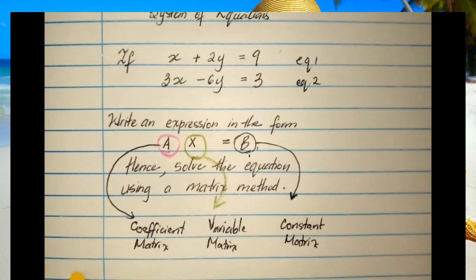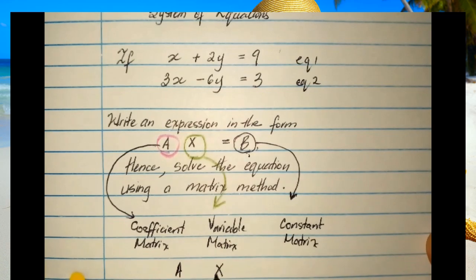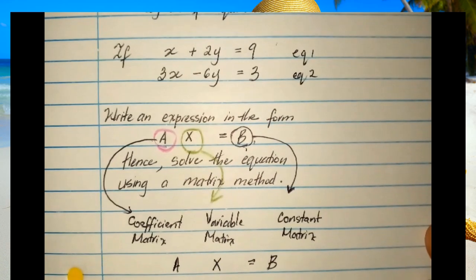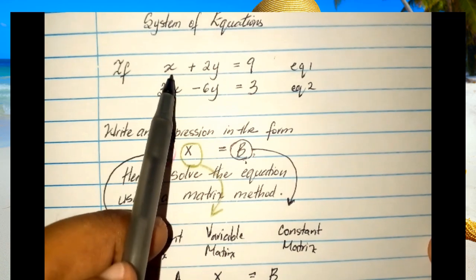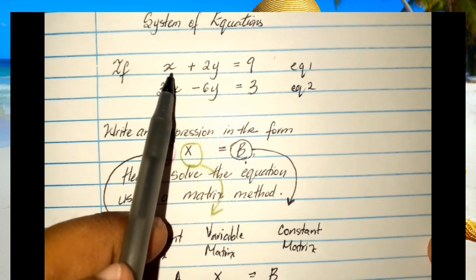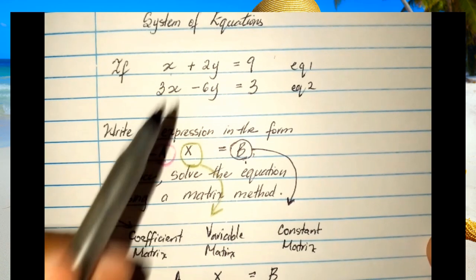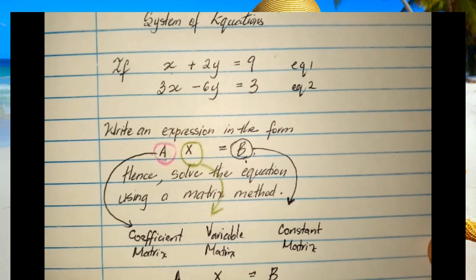So let's go. We're going to start off writing AX equal to B. Remember that A is our coefficient matrix. Looking at the setup, I want the coefficient of this X. If you don't see a number in front of it, then we assume the number is 1.